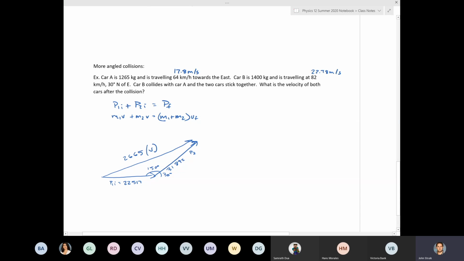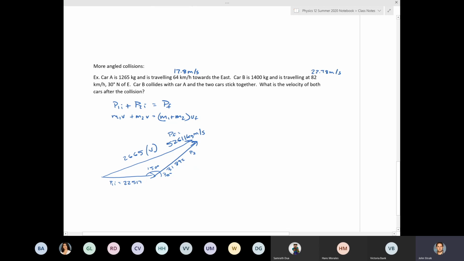So again, cosine law. I'm getting tired of cosine law. 22,517 squared plus 31,892... these are some big numbers. So this side is 52,611 kilograms meters per second. That's what our PF is.